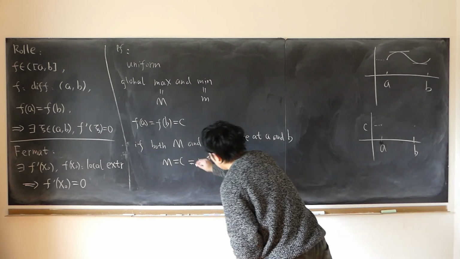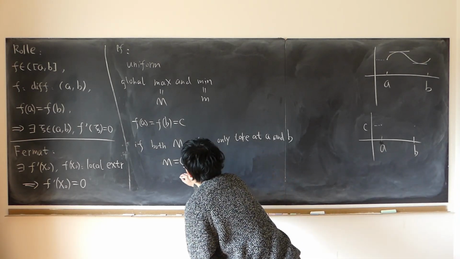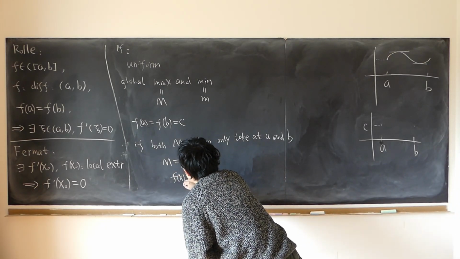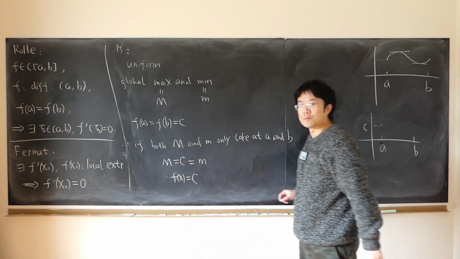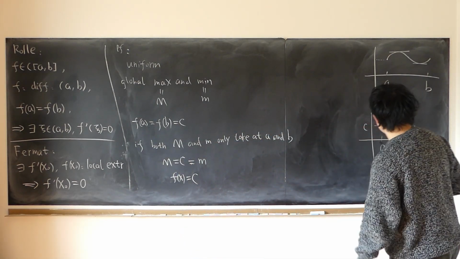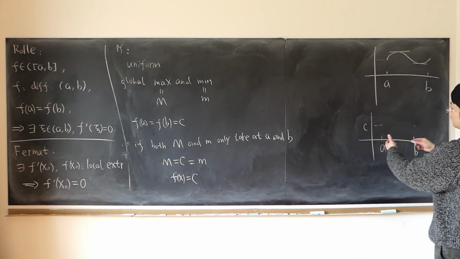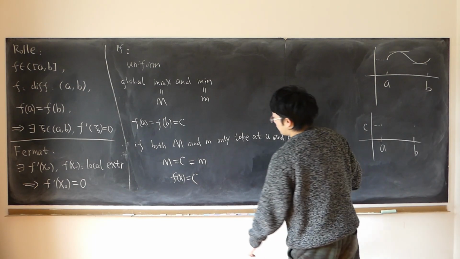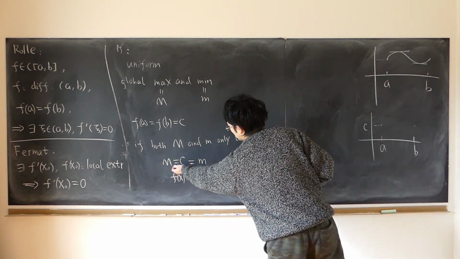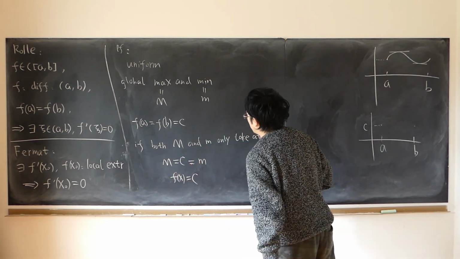In that case, the function is clearly a constant function. It's very clear. With global minimum and global maximum both C, the function is no larger than C and no less than C, so it has to equal C always.